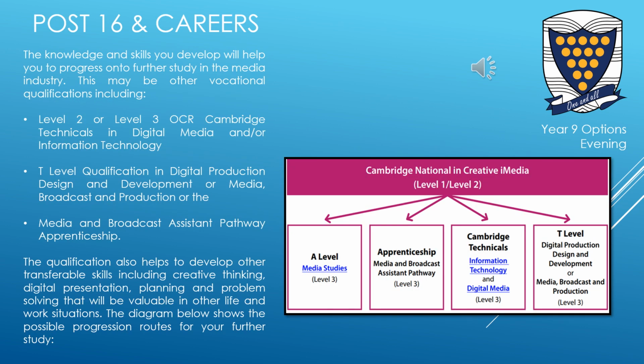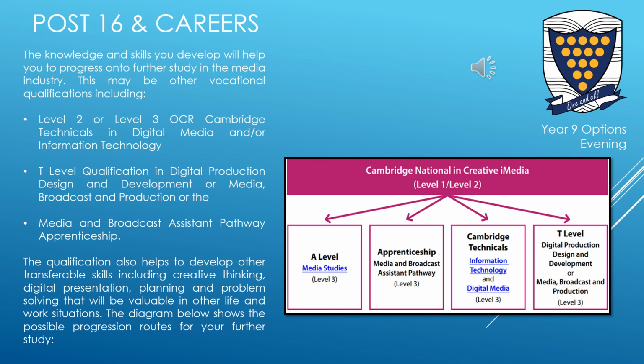Okay, so after you've completed the course and you're thinking about going on to sixth form here or college, if you see the diagram there, they're the sort of qualifications you can go on to do after this course. The school does offer A-level in media studies. If an apprenticeship is your thing, then you could look into trying to find an apprenticeship in the careers department, and the people who work in the careers department will help you with all of this.